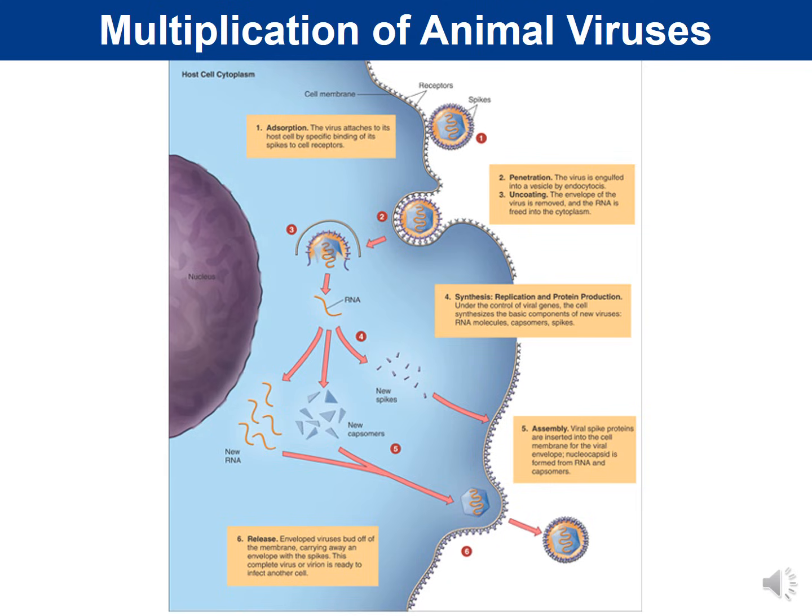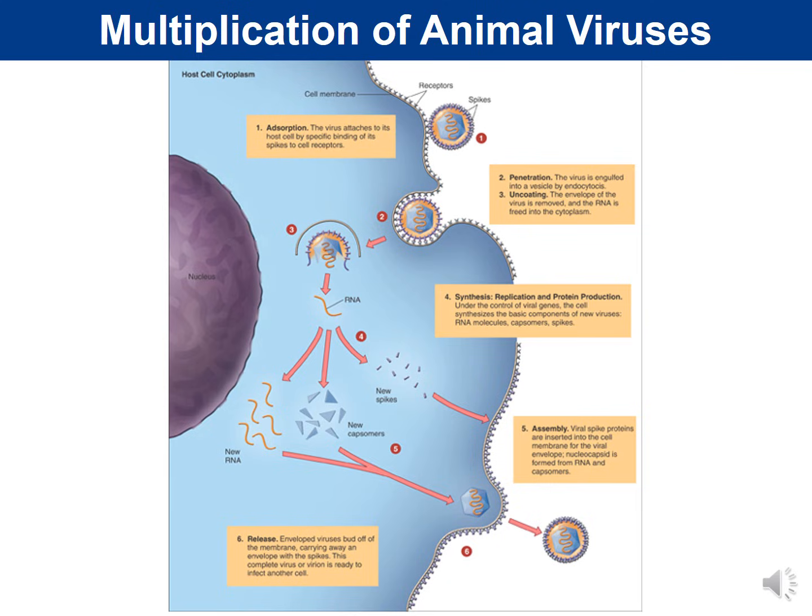And so now we have synthesis, and this is basically where the cell is going to synthesize the new components. It's going to make the new RNA, it's going to make the new capsomeres, it's going to make the new spikes, and after it makes all the parts, then it has to put them all together. And putting it all together is in the assembly stage. So now it's going to start to assemble the productive virions.